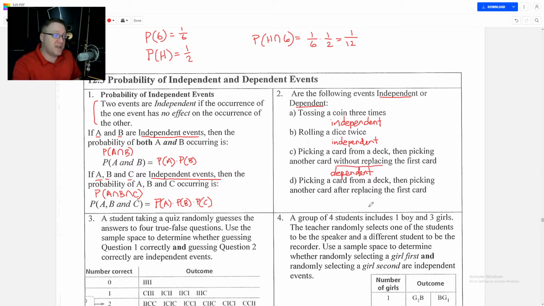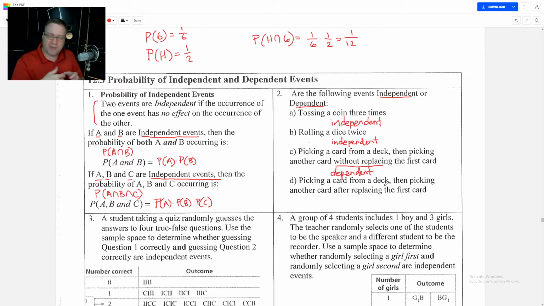All right. The second one, D here, says picking a card from a deck, then picking another card after replacing the first card. So if I pick a card from a deck, look at it, oh, it's an ace, and then I put the card back in and pick another card, well, the probability of me getting an ace the second time doesn't change because of the first time, all right?